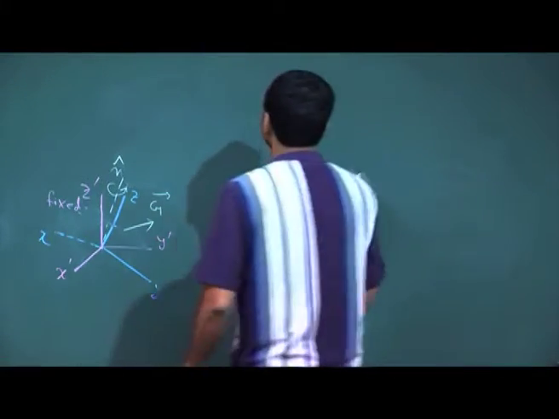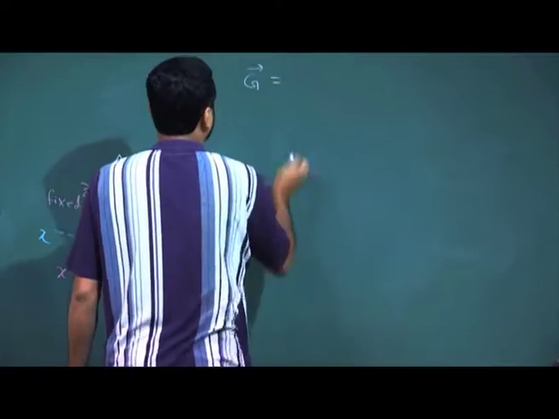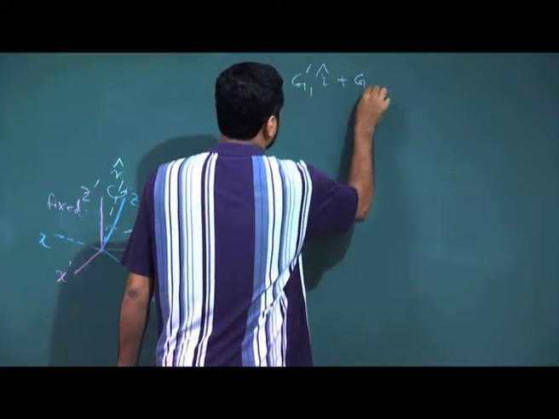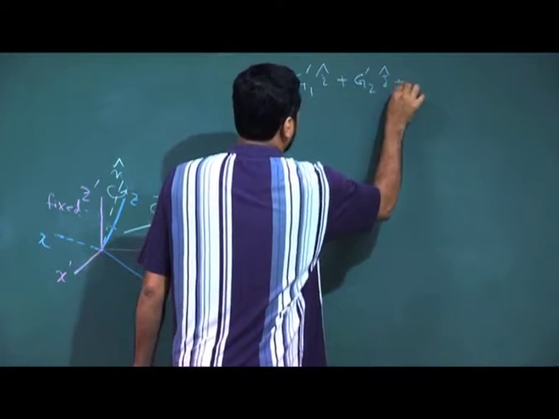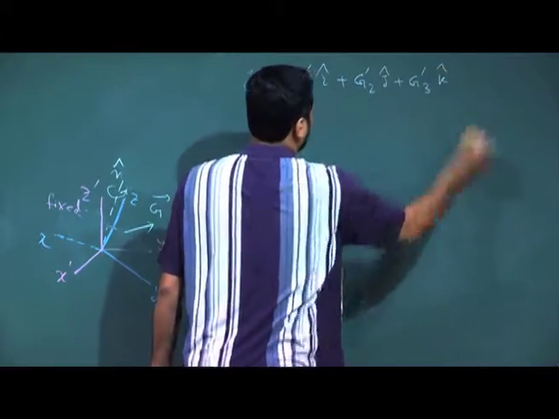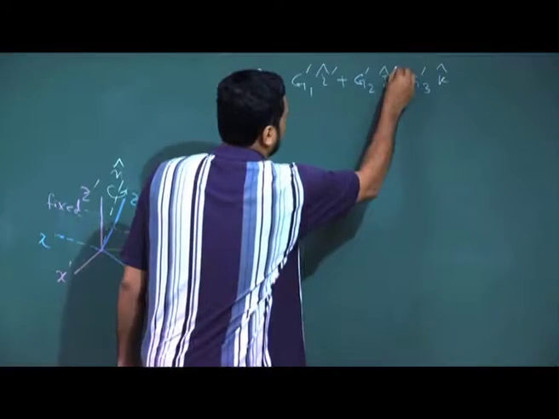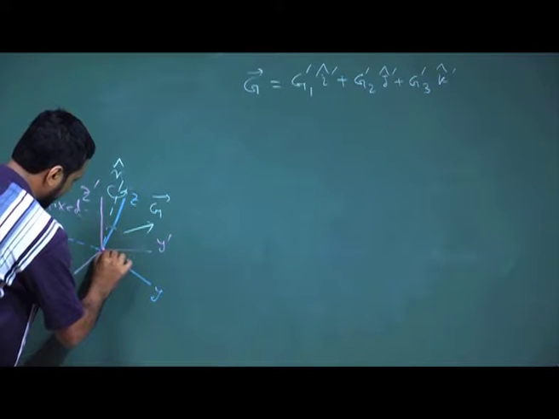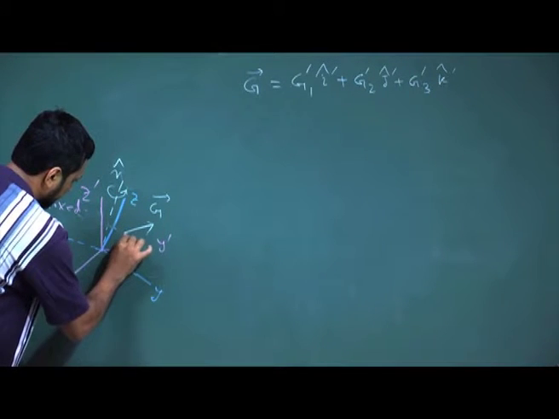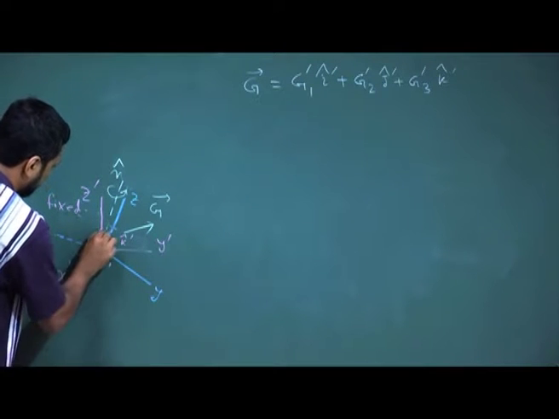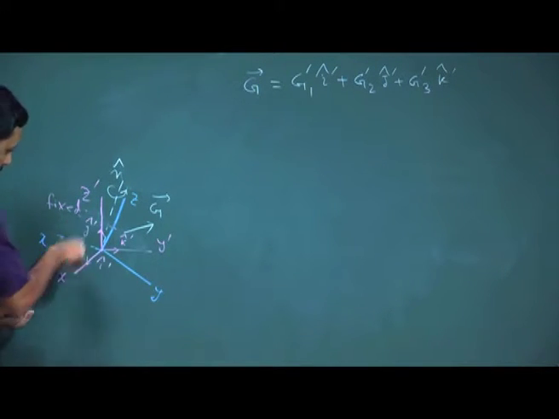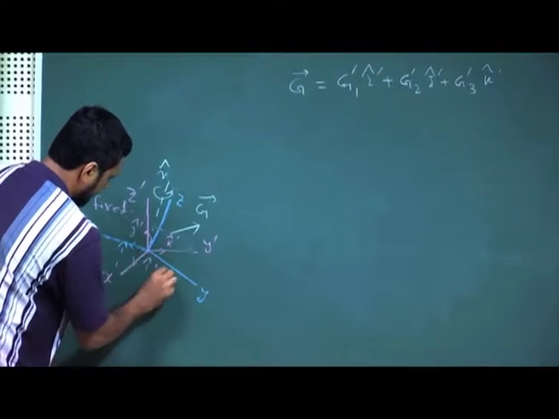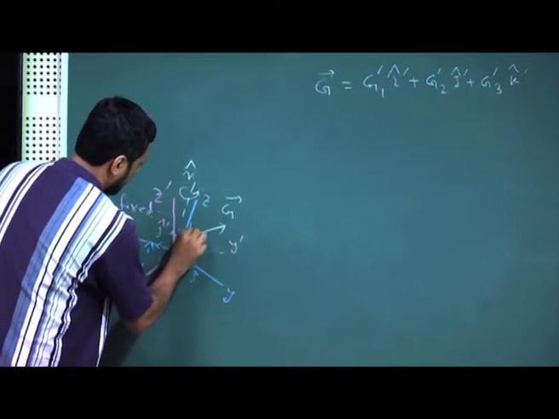So, we can write G equal to G1 prime i cap prime plus G2 prime j cap prime plus G3 prime k cap prime. Let us assume that for the fixed frame we have i cap prime, j cap prime and k cap prime, and for the moving frame we have i cap, j cap and k cap.